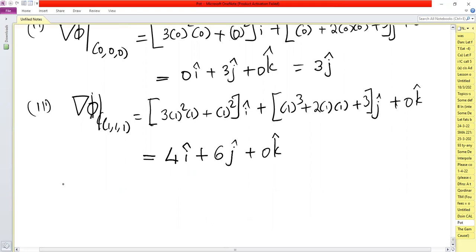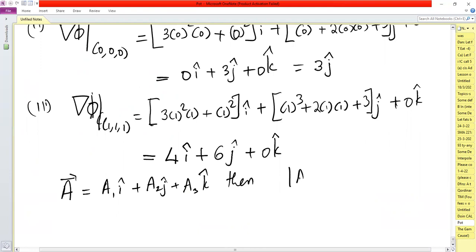Now, we know that if we have a vector A of the form A1 i plus A2 j plus A3 k, then the magnitude of this vector is simply given by the positive square root of A1 squared plus A2 squared plus A3 squared.